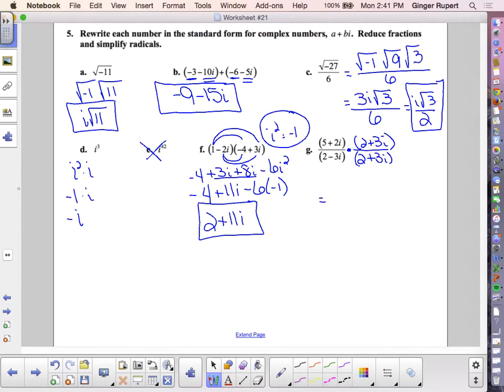So here I'm going to get 10 plus 15i plus 4i plus 6i squared all over 4 plus 6i minus 6i minus 9i squared. Remember, i squared is equal to negative 1. So in the numerator, that makes that 6, a negative 6. So I get 4 plus 19i in the numerator.